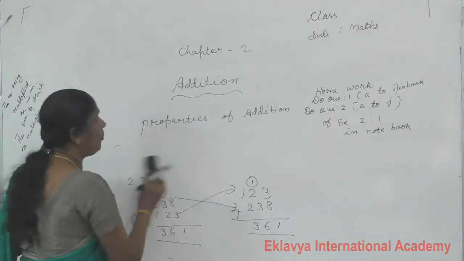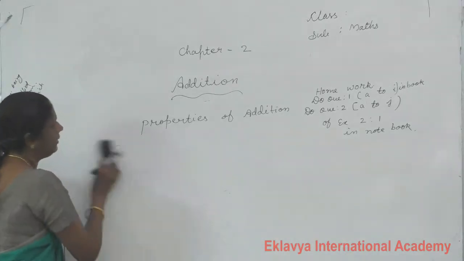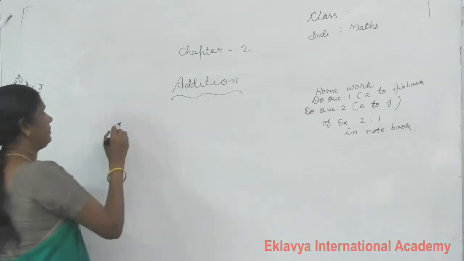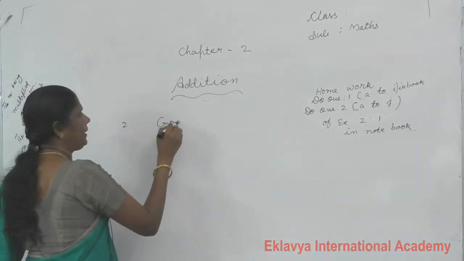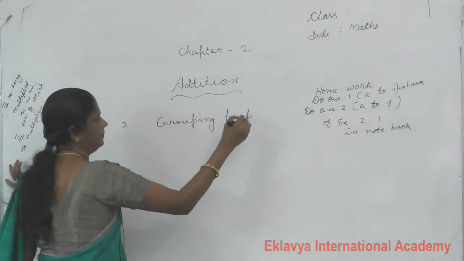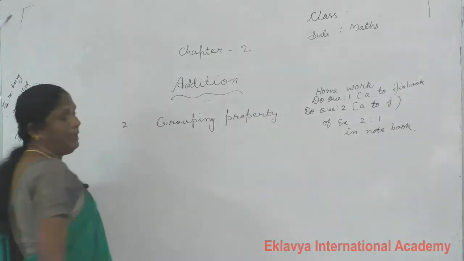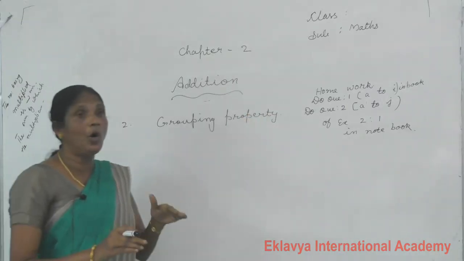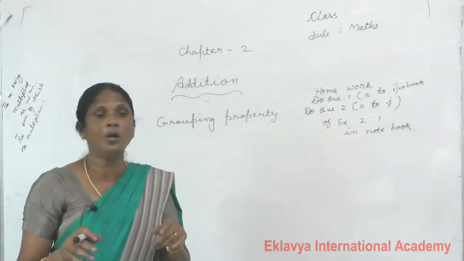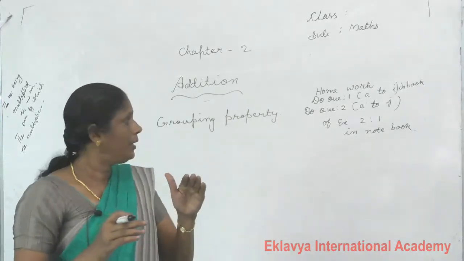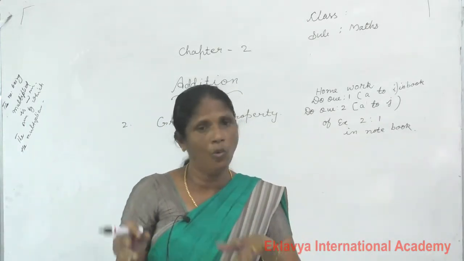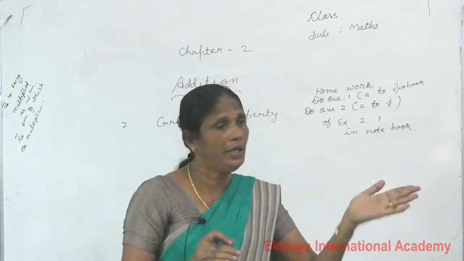Second, grouping property. In grouping property, 3 or more numbers can be grouped in any order.